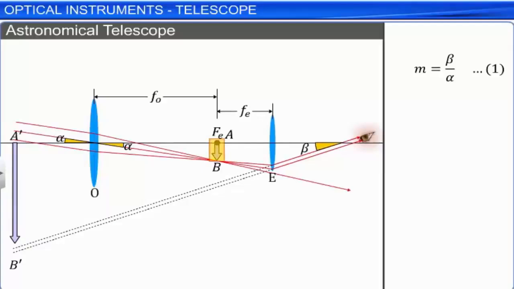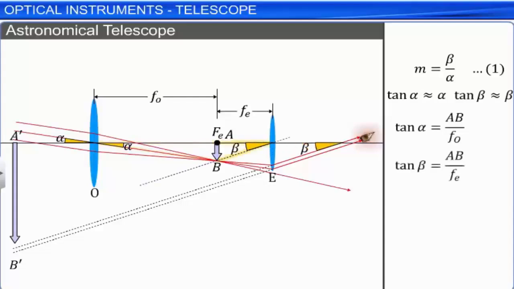Hence, for small angles of alpha and beta, we can write that alpha is equal to AB by FO and beta is equal to AB by FE. Substituting the values of alpha and beta in equation 1 and on further simplification, we get M is equal to FO by FE. Let this be equation 2.